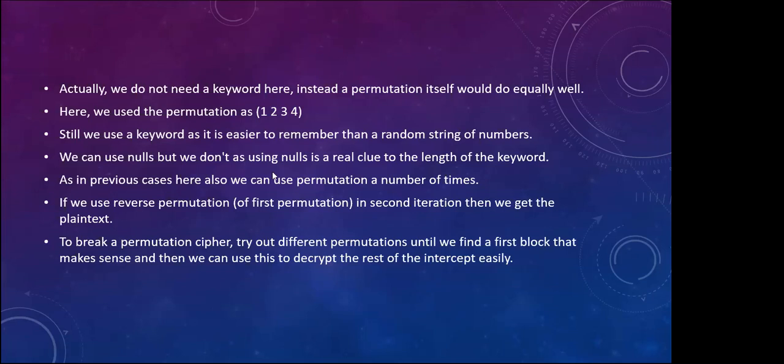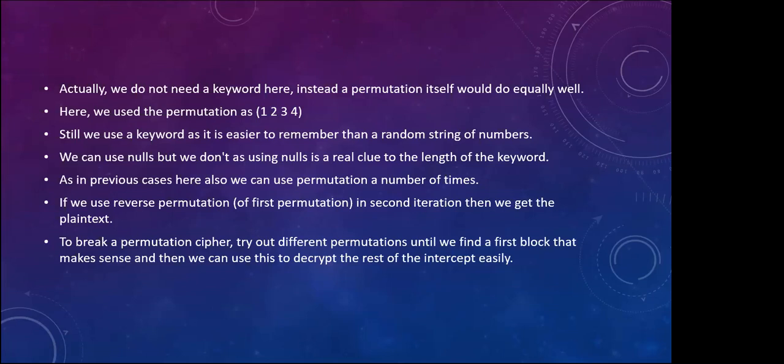But since a keyword makes it easier to form a permutation for encryption, we use a keyword here. And if we don't use the nulls, it's really good, since it becomes a little difficult to know the patterns used within the cipher.